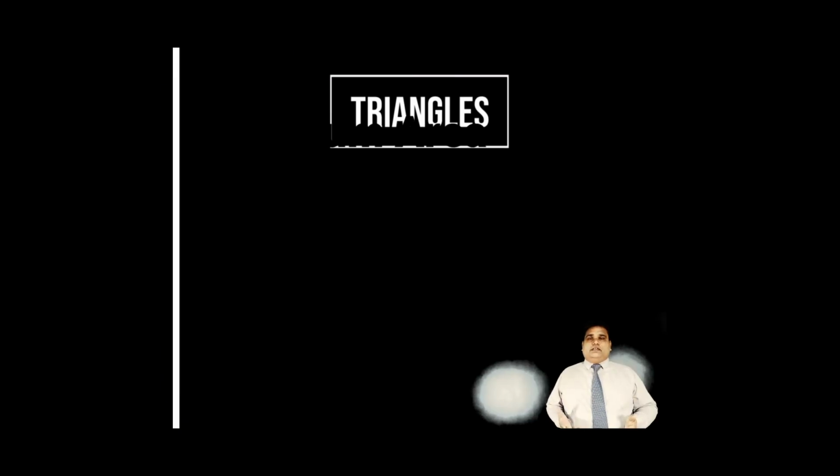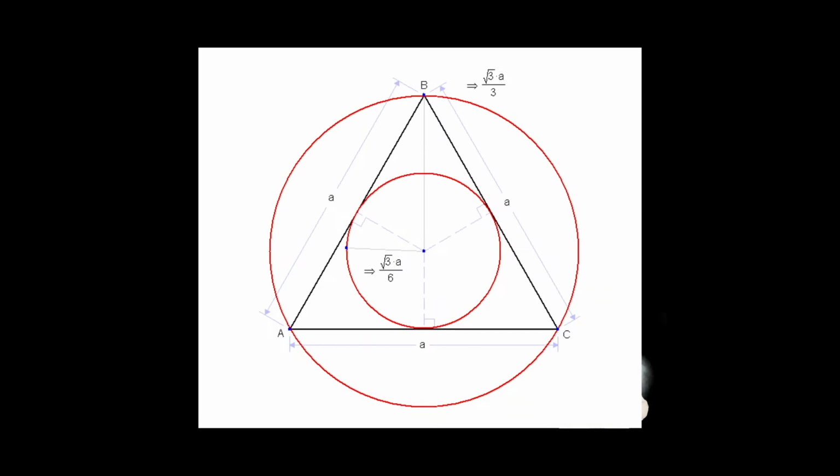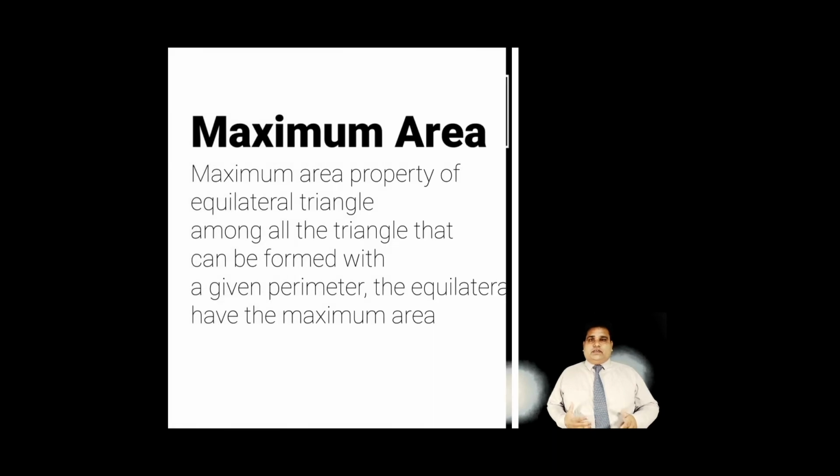Next concept is concept number 35, which talks about the maximum area property of an equilateral triangle. If a perimeter is given, let's say perimeter 10, we can form various triangles, using sides A, B, C in different combinations. But the important thing is, when we form an equilateral triangle, that triangle will have the maximum area.